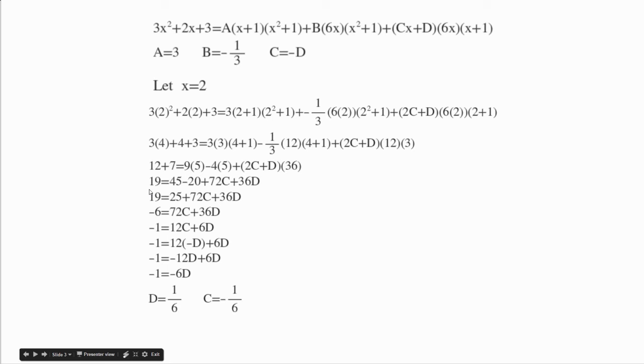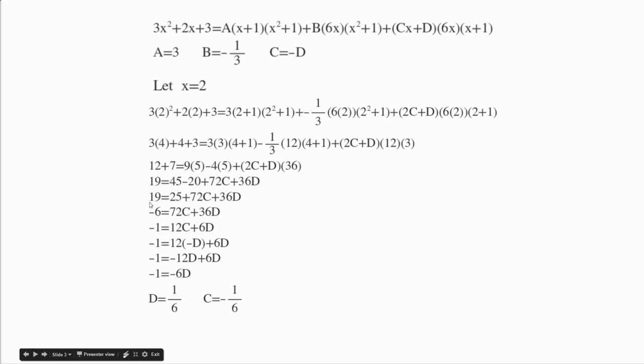So now you have 19 equals 45. 9 times 5 is 45 minus 20, 4 times 5, and then plus 72c, distributing the 36 here, plus 36d. So 19 equals 25. 45 minus 20 is 25, plus 72c plus 36d.